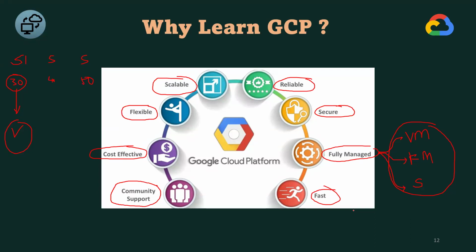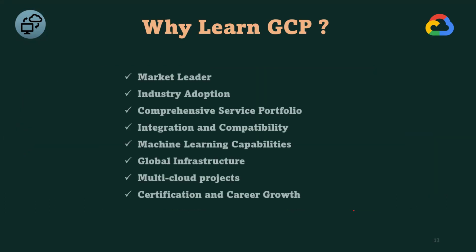Okay, so the project operational cost will be very low when you are working in GCP compared to AWS and Azure. So that is the reason most of the companies are opting for GCP for their projects, and that is where plenty of companies are hiring GCP DevOps engineers. So GCP is one of the leading market leaders, one of the leading cloud providers. Industry adoption is there.